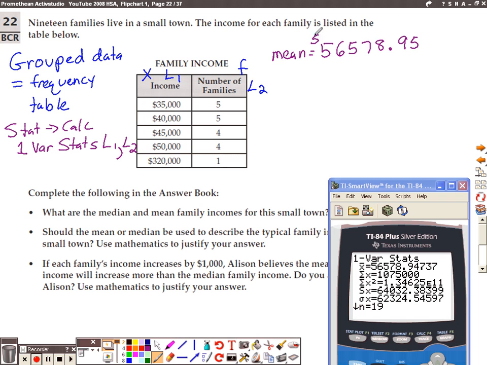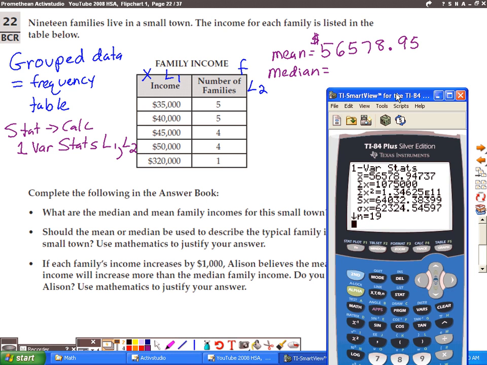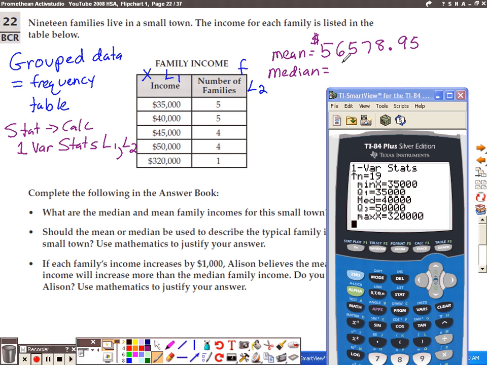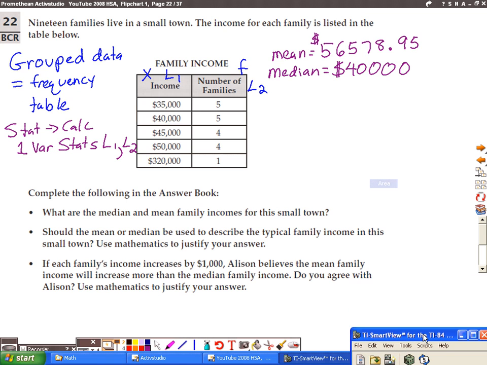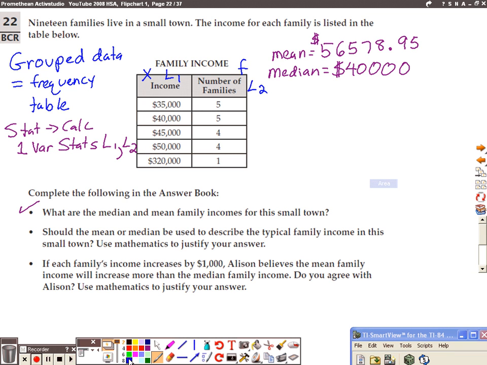Okay. And to get our median, we're just going to scroll down. There it is. Our median is $40,000. Okay. So that's the first bullet point. The second bullet point says, should we use the mean or the median to describe the typical family income? Use mathematics to justify your answer.